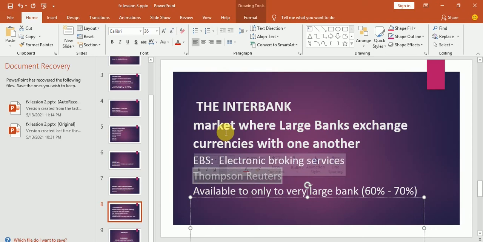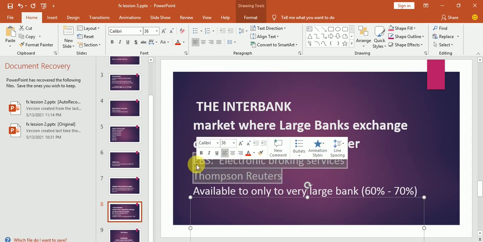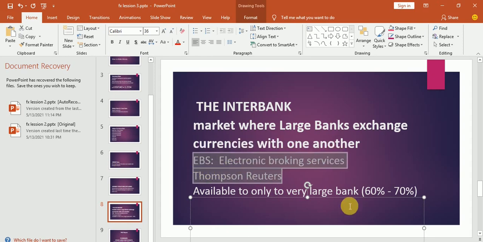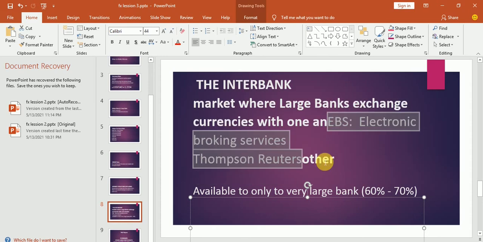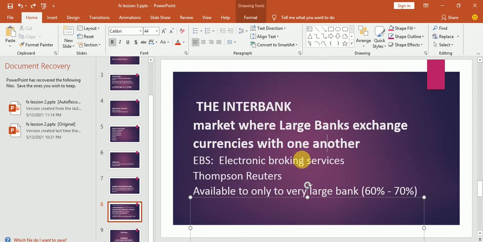These big banks own up to 60 to 70% of the forex market, and these two platforms are only available to these big banks. Okay, you see that there is no central place to trade this. You can trade either through EBS or the other one. These are the big banks.